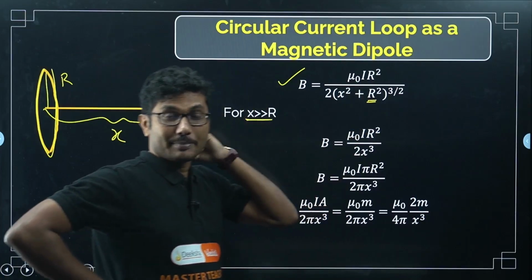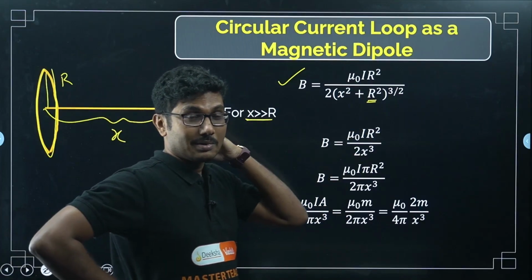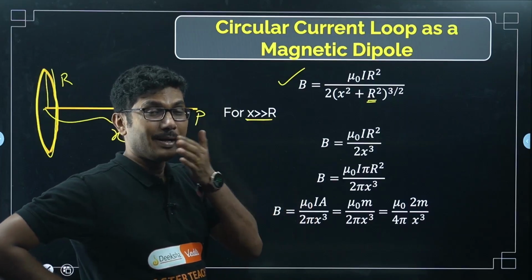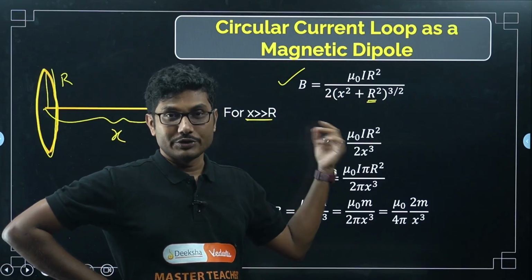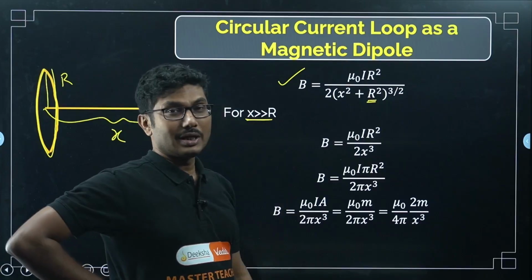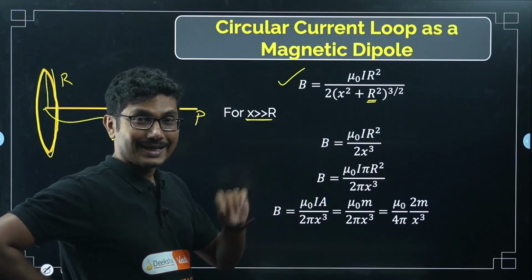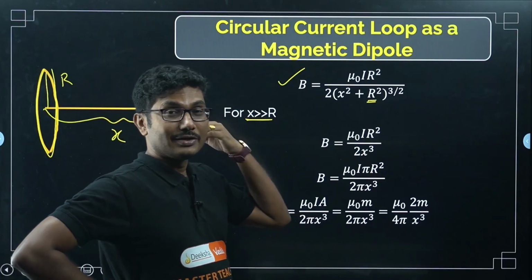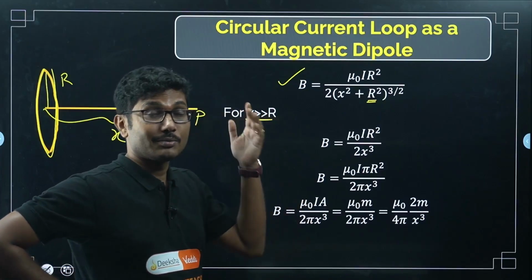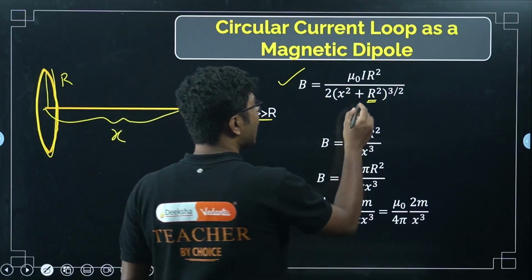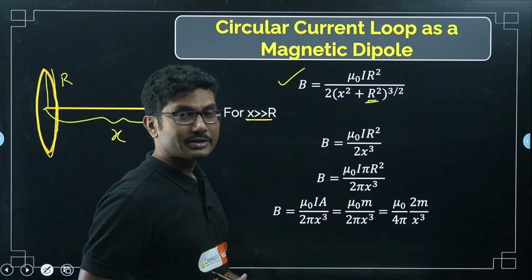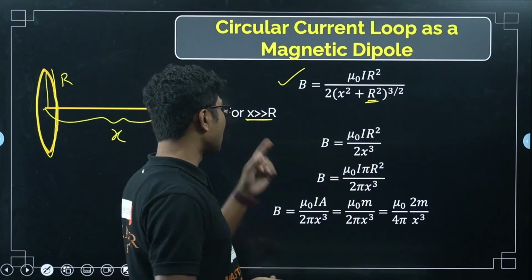If you remember the dipole approximation, there we had the distance r plus a, and we ignored the a square term because r square was much greater than a square. Similar to that, we have ignored this r square term here, because r is very small compared to the distance x.